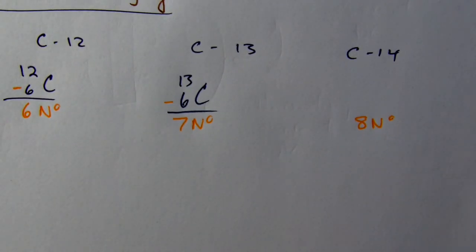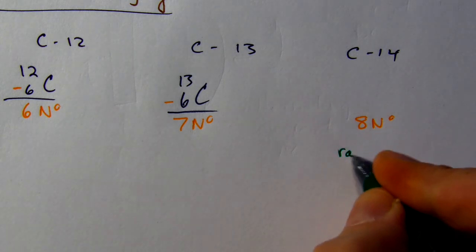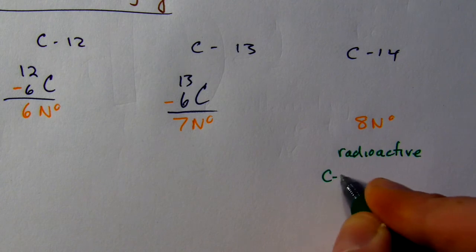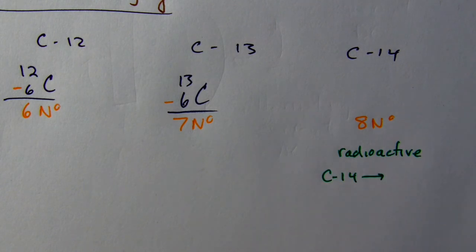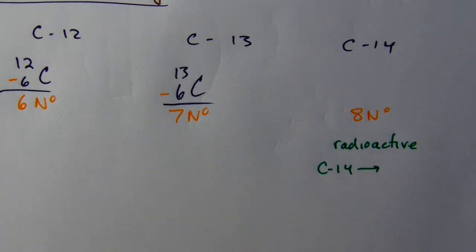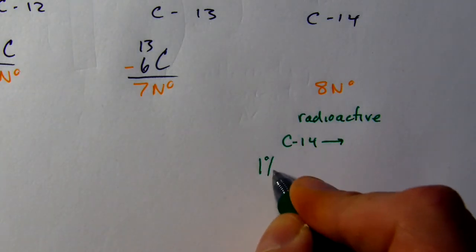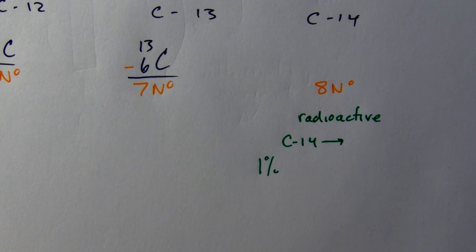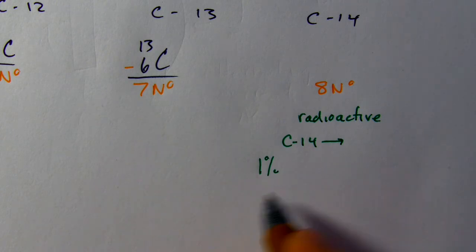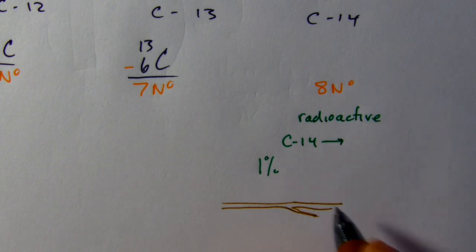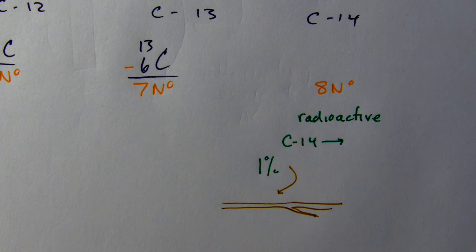Carbon-14 is unique because it is radioactive, not high level, but it decays from carbon-14 into something else, probably carbon-12, which is more stable. And it turns out that 1% of all carbon isotopes is carbon-14. So when we have, for example, a branch or some kind of live organic matter, 1% of that is carbon-14.